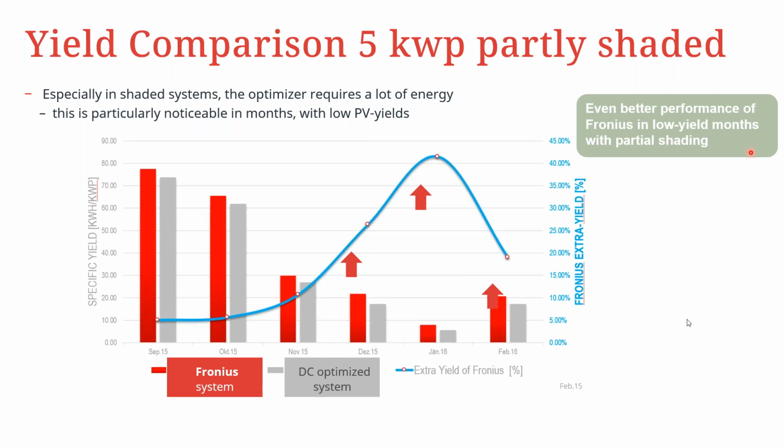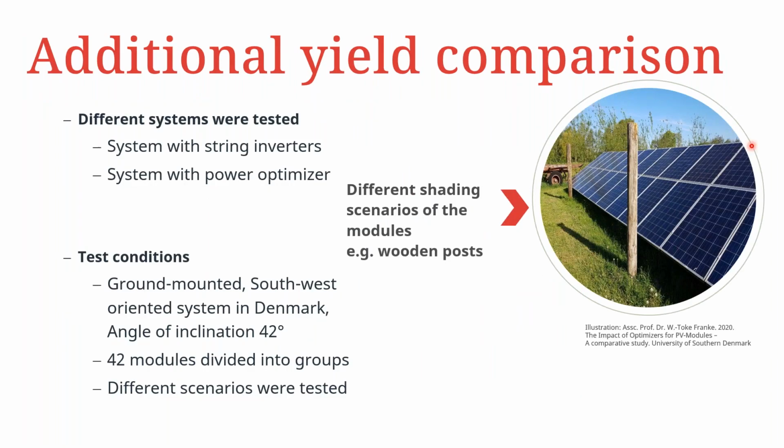So let's continue and look at the comparison and what has been studied for you to get these findings. There have been independent tests regarding the benefit of having module-level power electronics versus systems without them.